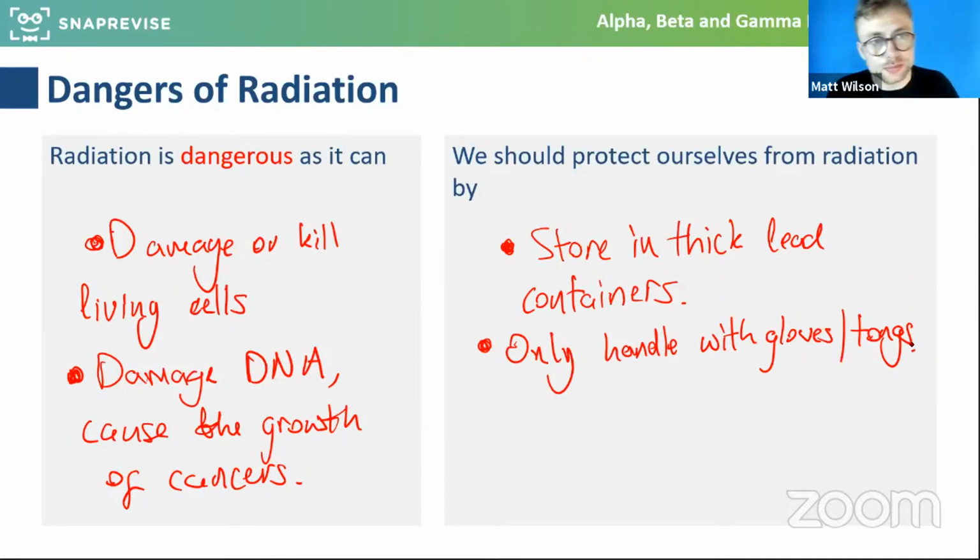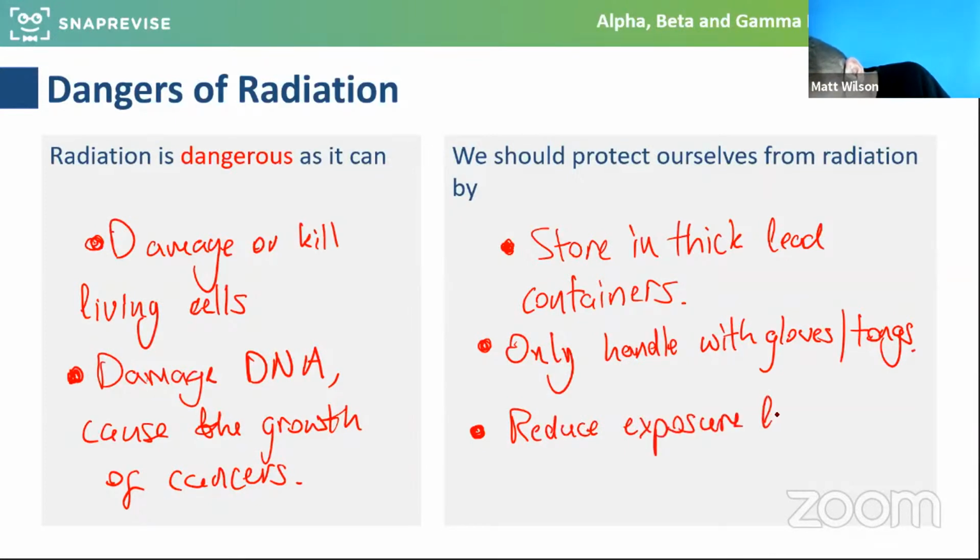Finally, just spend as little time as possible around the source. So just reduce exposure time as much as possible. We can never entirely remove our exposure from radiation. We can try and reduce it as much as possible.